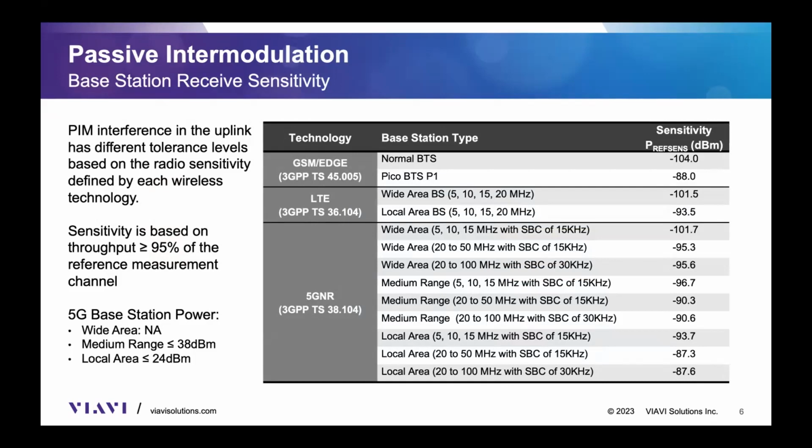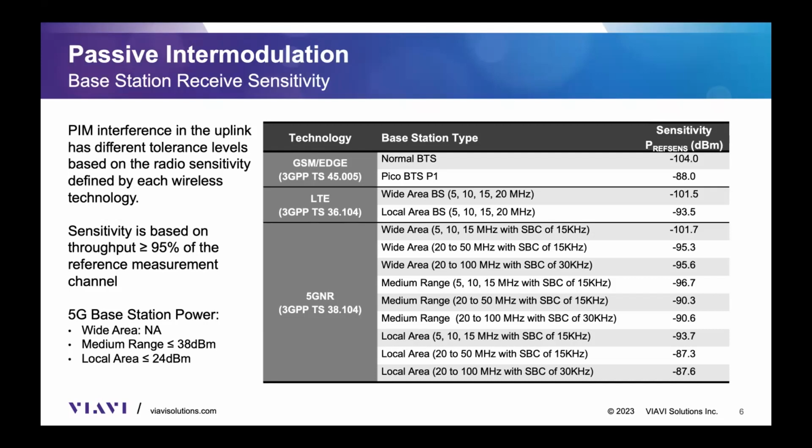And as you can see here in 5G, they have defined different configurations of radios. First off, different types, from a wide area network or a macro cell that doesn't have any limit in terms of transmission. We also have the medium range, where those radios transmit up to 38 dBm, and the local area radios, which are 24 dBm.